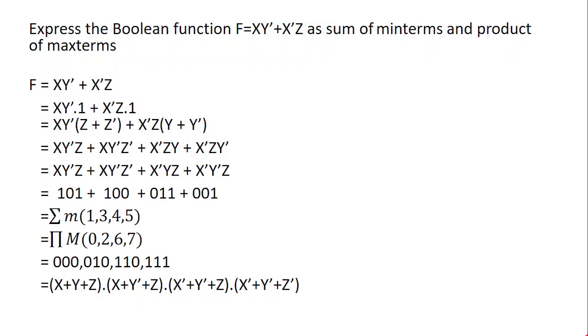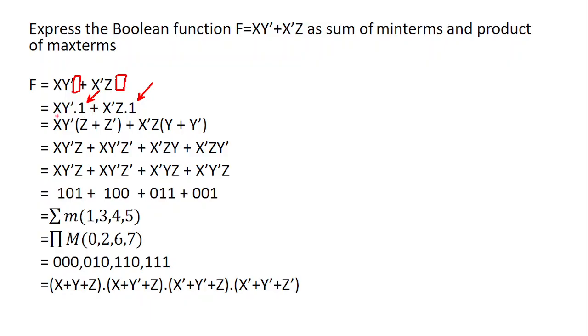What I have done in the next step is, one term is missing here. In this case z is missing. In this case x is there, z is there, y is missing. So wherever something is missing, I substitute 1 here. Will it change the equation?